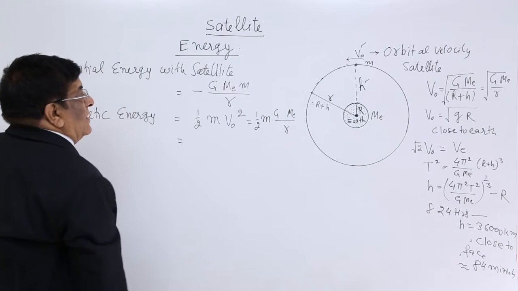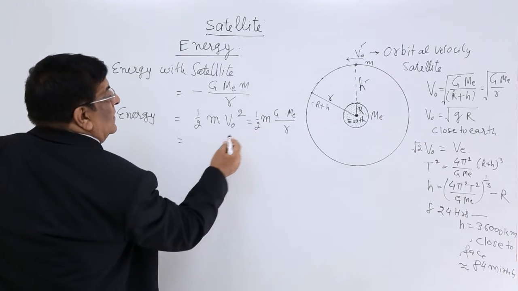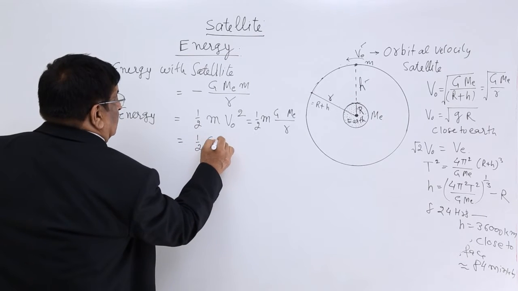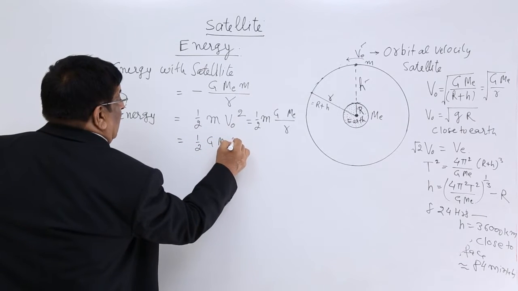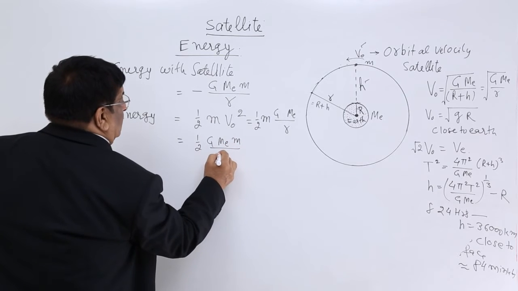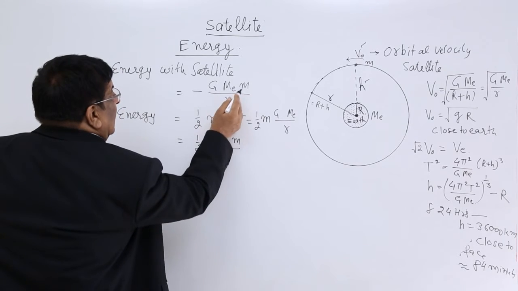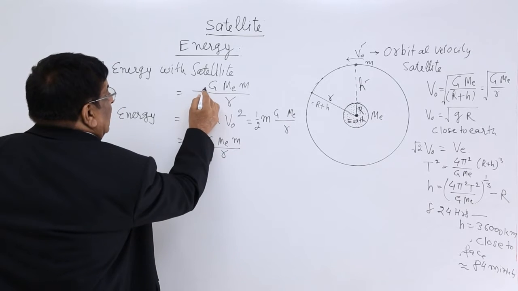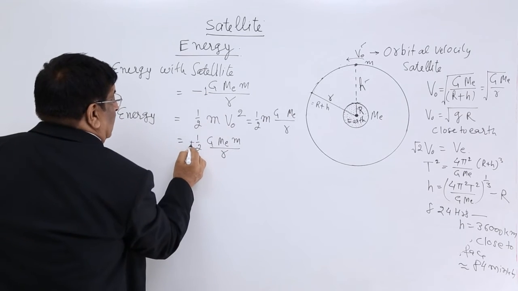So this is equal to half G Me m upon r, but the potential energy is minus 1 and this is plus half.